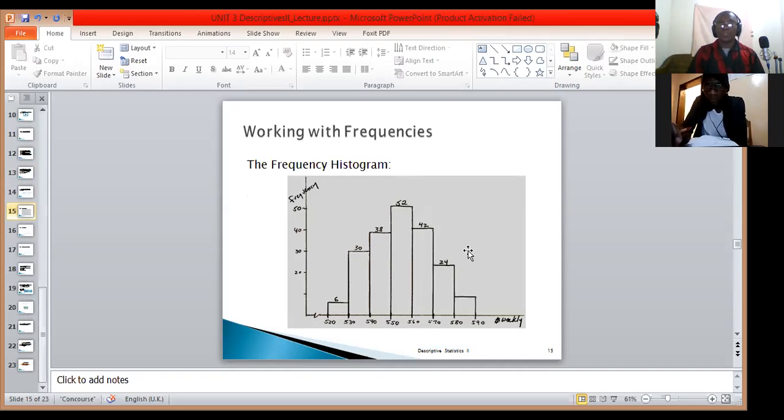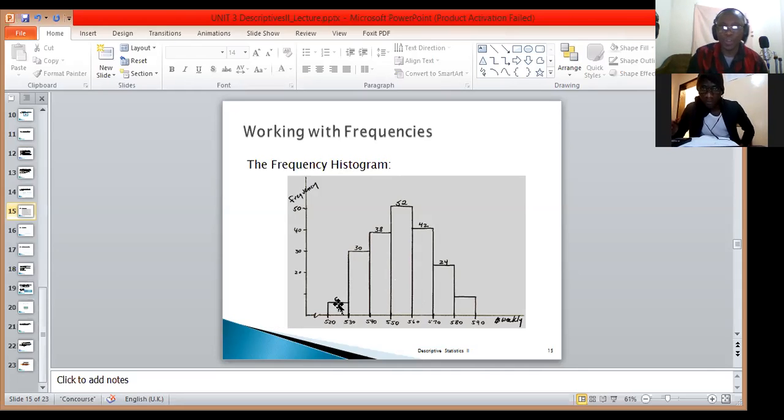Now, after drawing the frequency histogram, you must be able to draw the polygon. So, how do we draw the polygon? For the polygon, you put stars at the center of your class. 520 to 530, what is your midpoint? 530 plus 540 divided by 2, that will be 525.